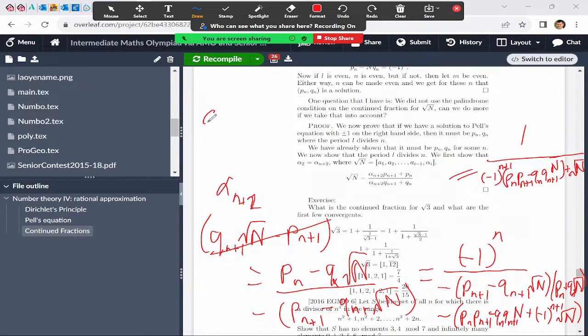Because you know the continued fraction looks like this, okay? Dot dot dot plus 1 on alpha m plus 2. Understand? Look at this thing here. It's the same idea, yeah.